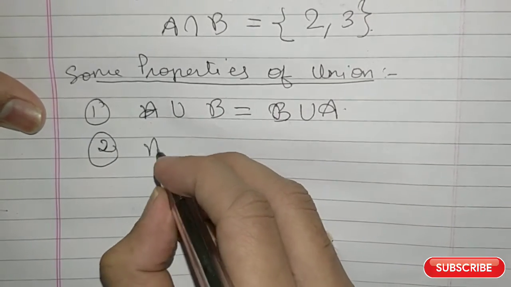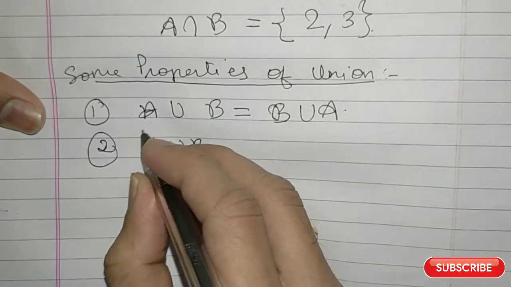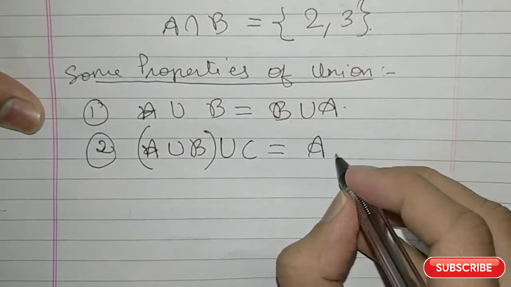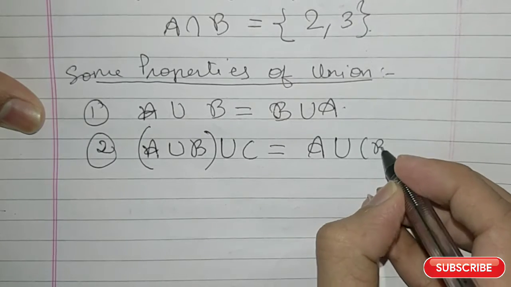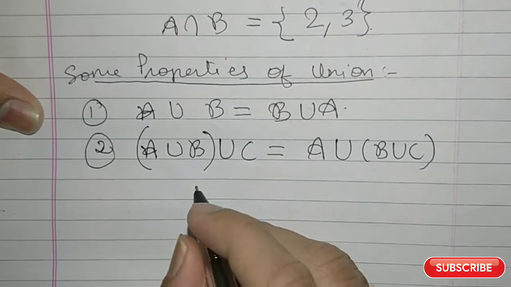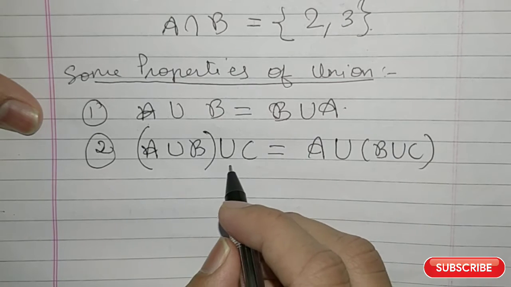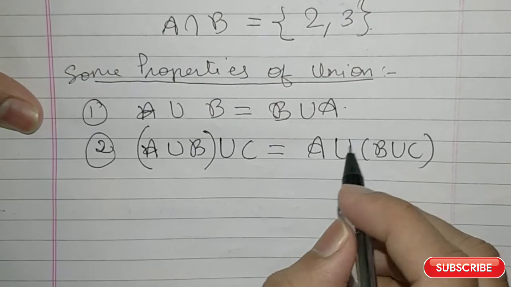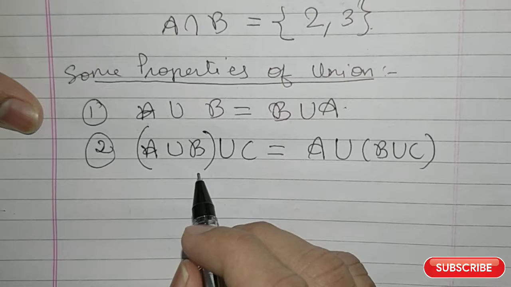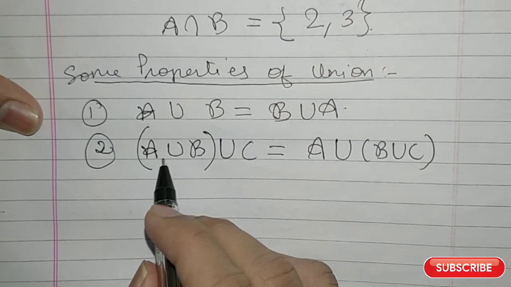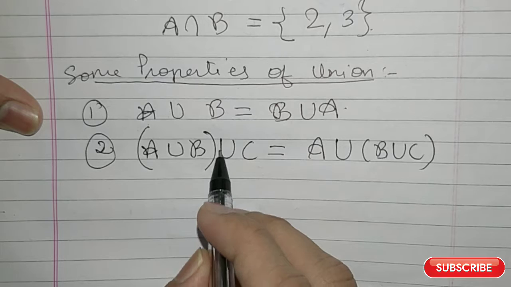Then the second property is (A union B) union C is equal to A union (B union C). So what do you mean by (A union B) in brackets? It means this operation is done first.